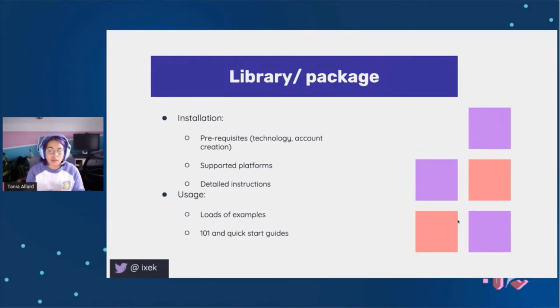Make sure that once a folk has checked your README, they know what they got into: what the package is, how they can get it, and how they can use it. That is the bare minimum that a README for a library or a package should include.